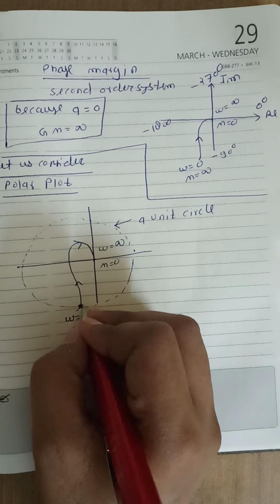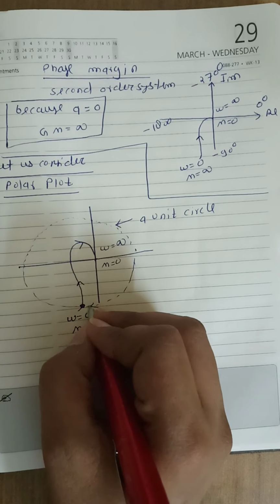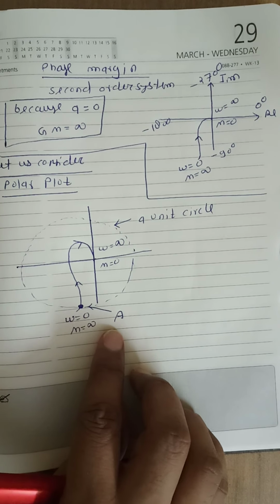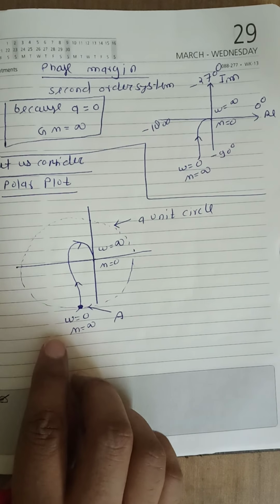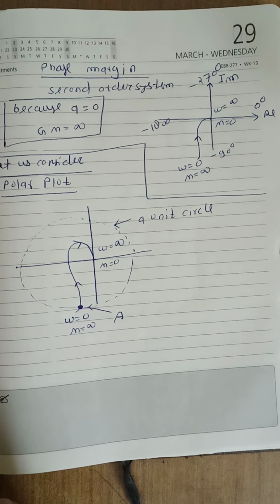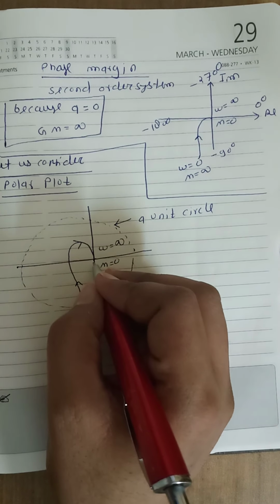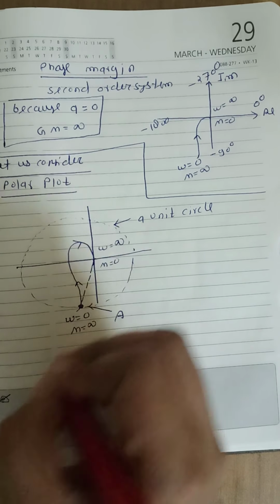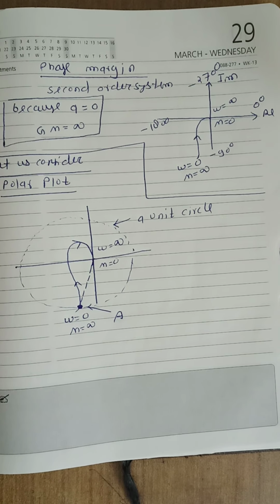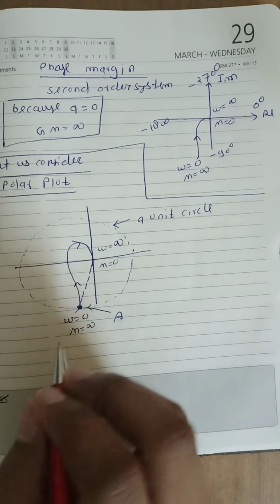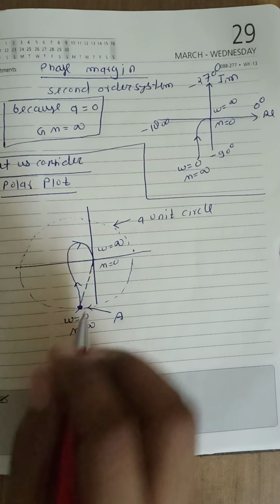Let this point be capital A. So A will define the intersection point of the polar plot and unit circle. Now draw a line connecting the point A and the origin. Now let us see the definition for the phase margin.